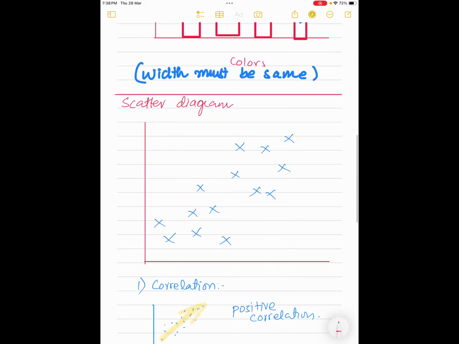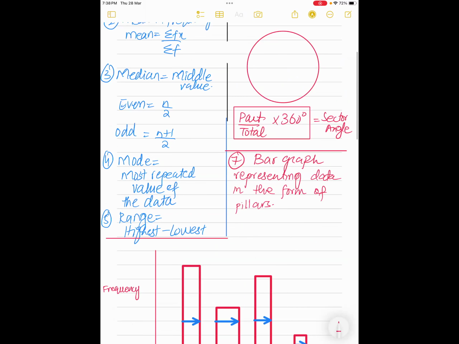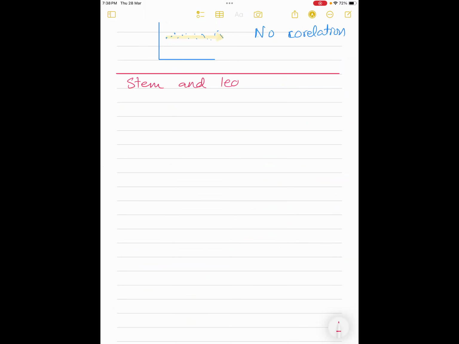Okay. So after bar graph, we have an easy portion. We have stem and leaf diagram. A stem and leaf diagram is something like 23, 34, 34, 36, 42, 49.